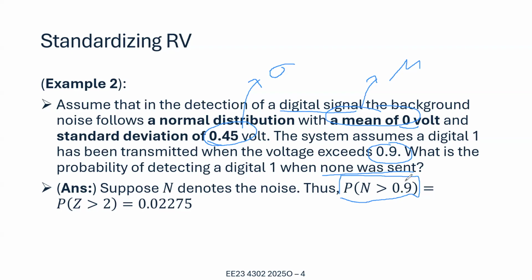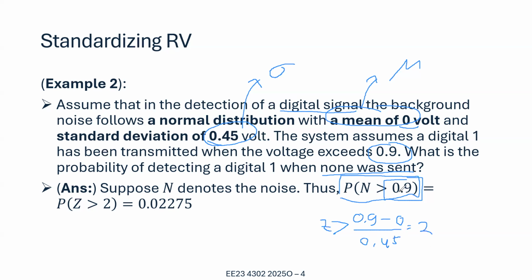Therefore, here we look at noise more than 0.9, which is equivalent to z more than 0.9 minus the mean 0, divided by 0.45, and this would be 2.